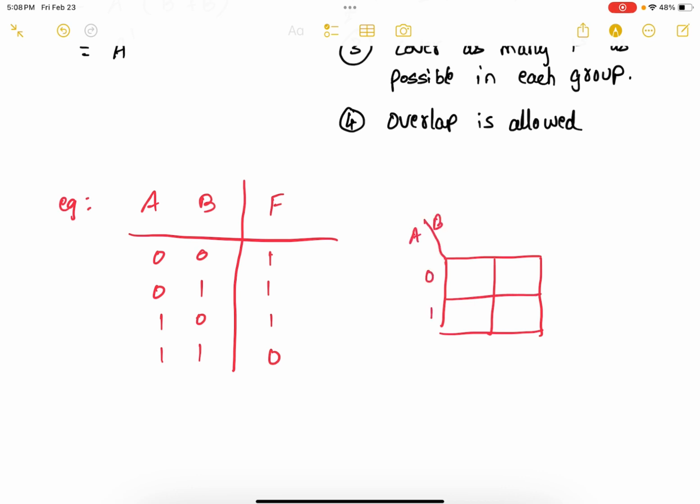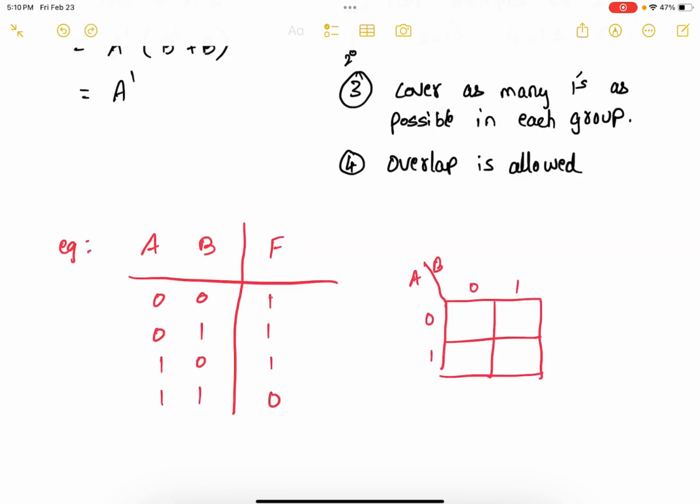A can be 0, 1, B can be 0, 1. So F is 1 when A equals B equals 0. F is also 1 when A is 0, B is 1. F is also 1 when A is 1 and B is 0, and it is 0 when A equals B equals 1.